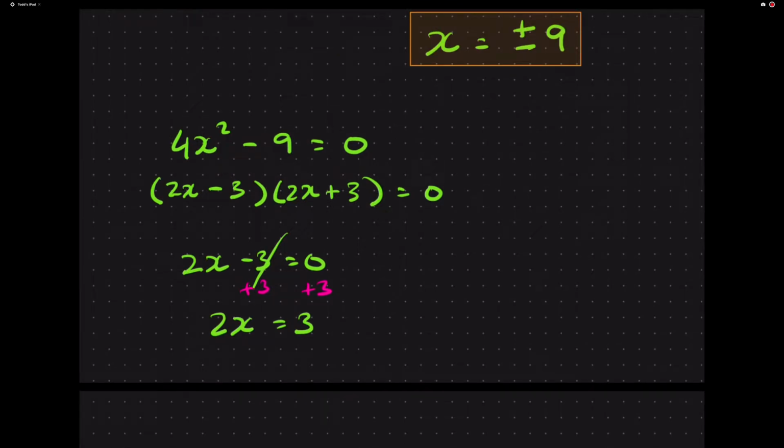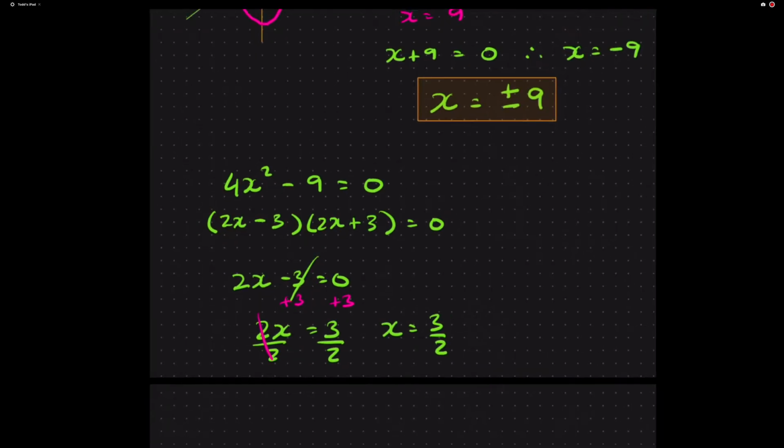Then I'm going to divide both sides by 2. Again, this will cancel, and we're left with x equals 3 over 2. You can see that it was a negative 3 right here, which was brought over to here and became positive, and then we divided by 2, so it became a positive 3 over 2.